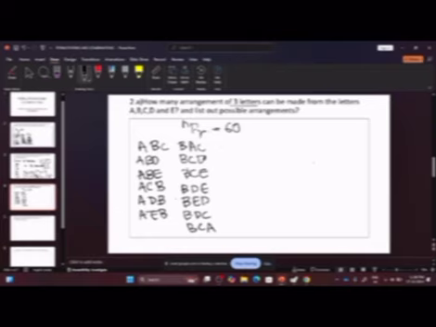Now we can start from C. Can you tell me some arrangements? CAB. CBA. CBD.